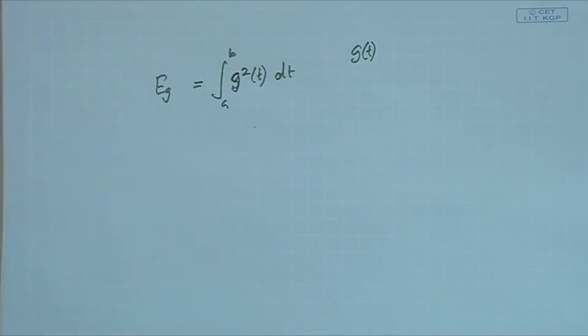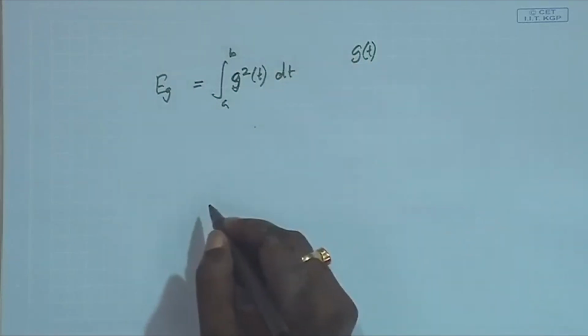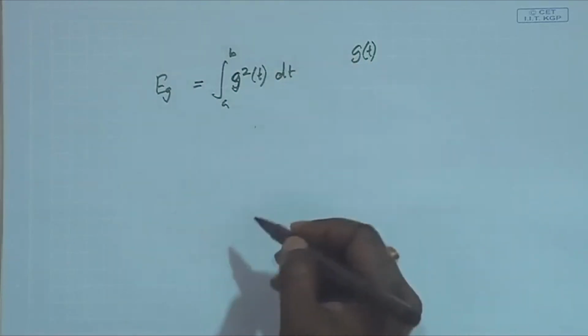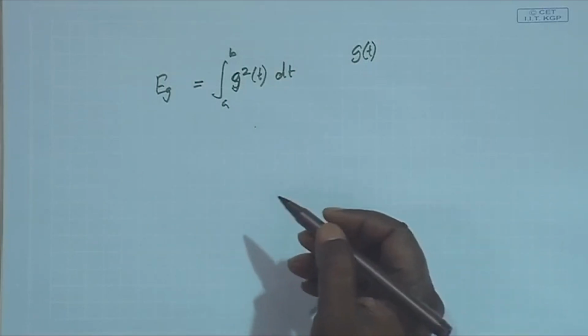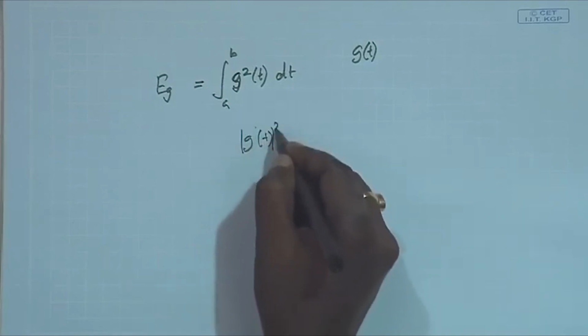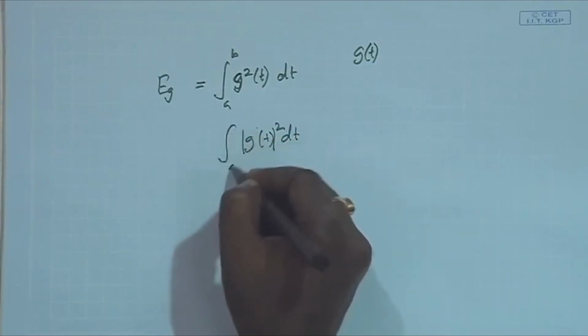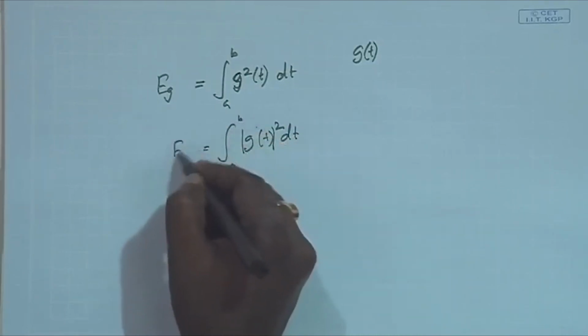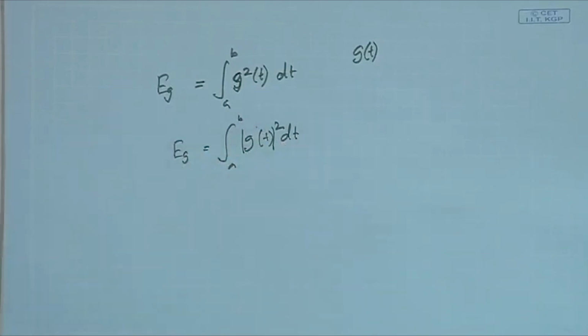This is something we have defined: squaring the signal and then integrating over the time that it is defined. Now, if the signal is not real, that is, if it is a complex signal, then we have to specify another term. You have to take the modulus of that signal and square it. So, basically you have to integrate |g(t)|² dt. It is the same thing, but because it is a complex signal and energy is a real number, we need a real number.